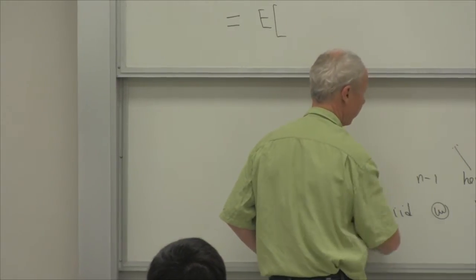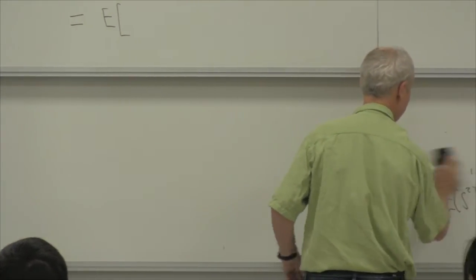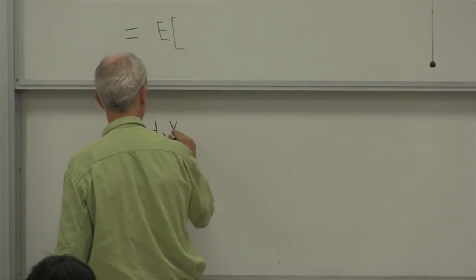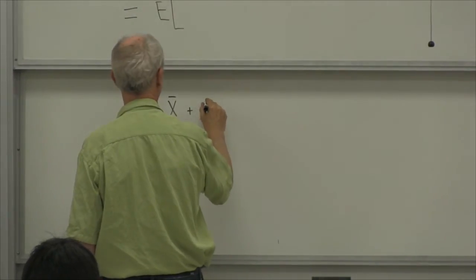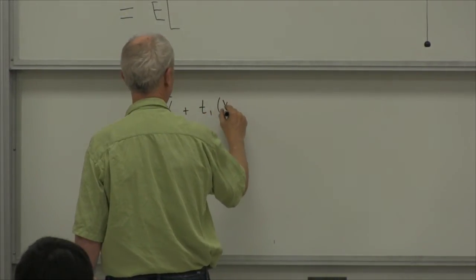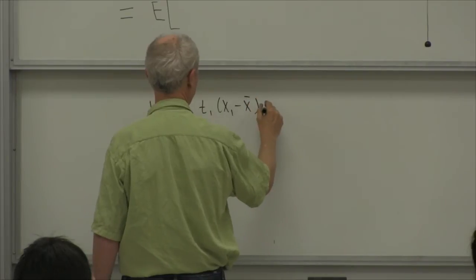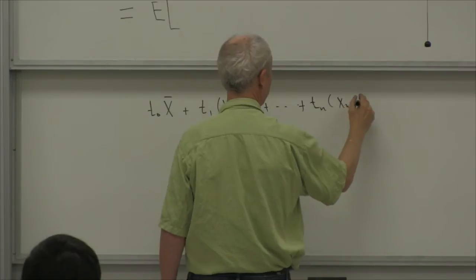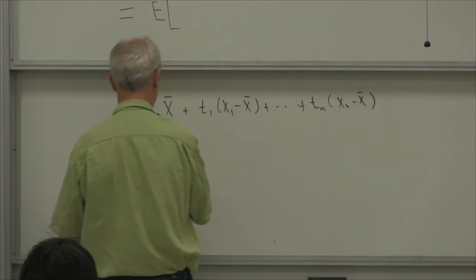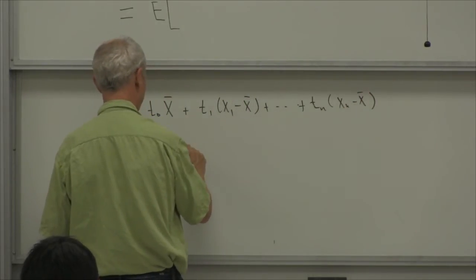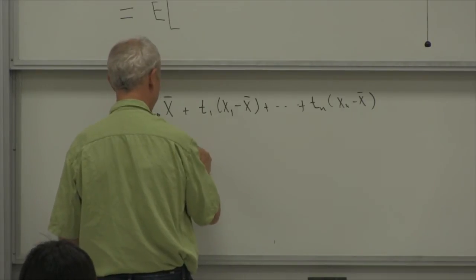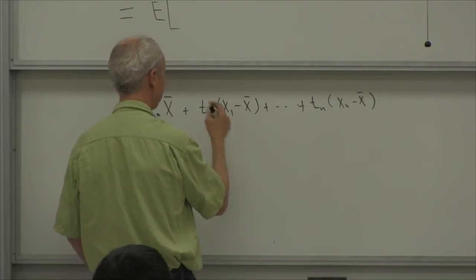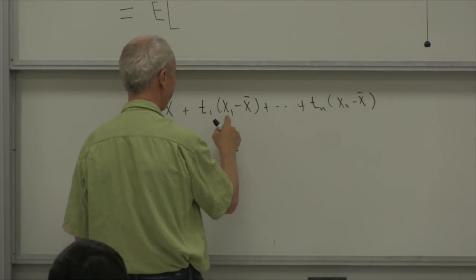So maybe I'll just work with the exponent for a moment or two. Here I got t naught over n. Here, what do I get for the coefficient of x1?